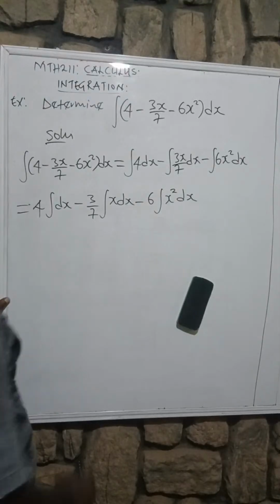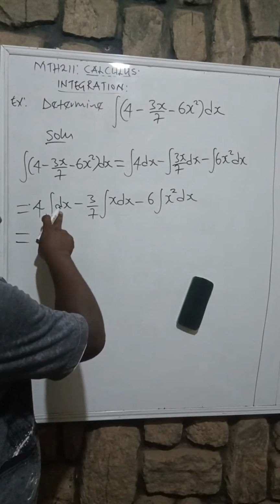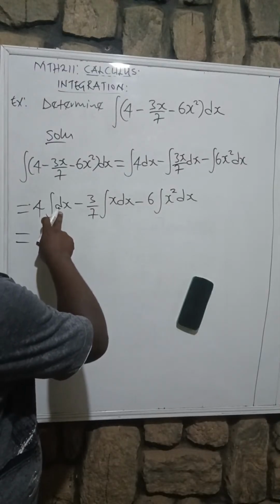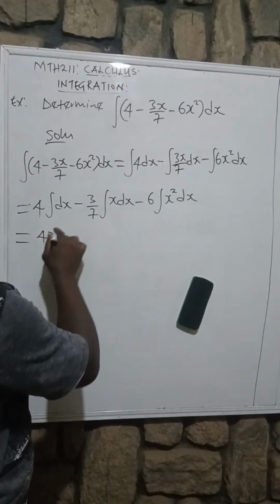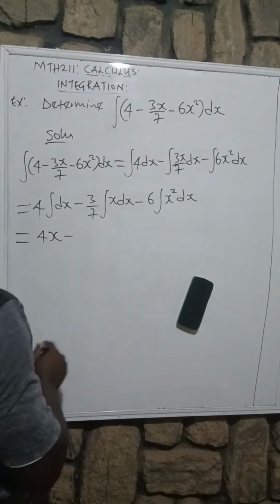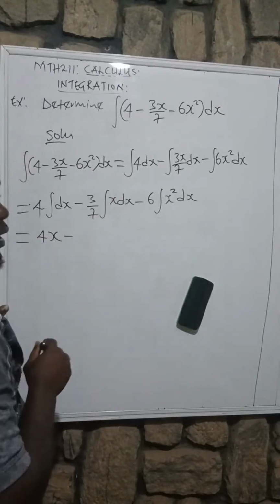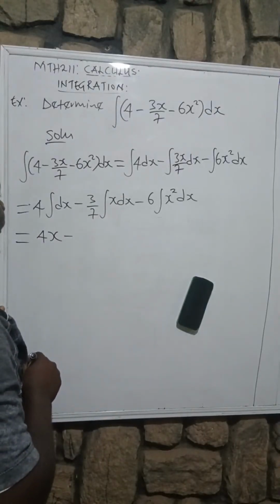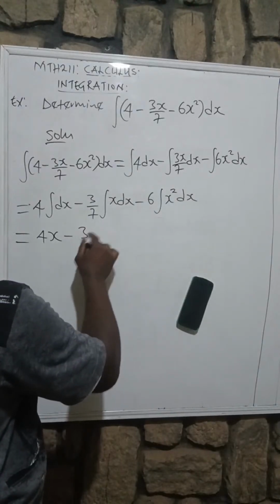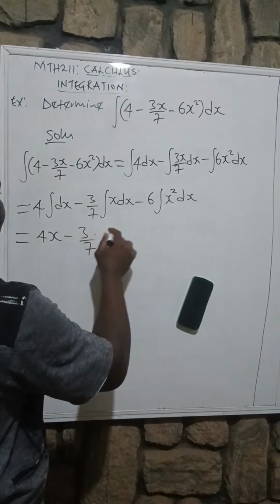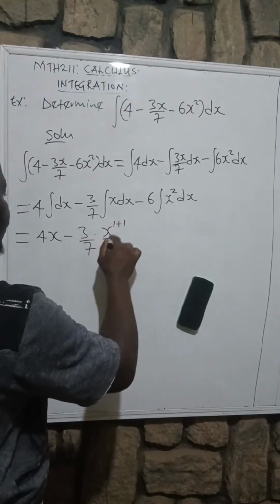Okay. So this equals, if you integrate the constant, you are supposed to have x, so use it to multiply this function. Here will be 4x. Then minus, integrating x, I'm supposed to have x raised to the power of 2 all over 2, multiplied by 3 all over 7, so 3 all over 7 times x raised to the power of 1 plus 1 all over 1 plus 1.